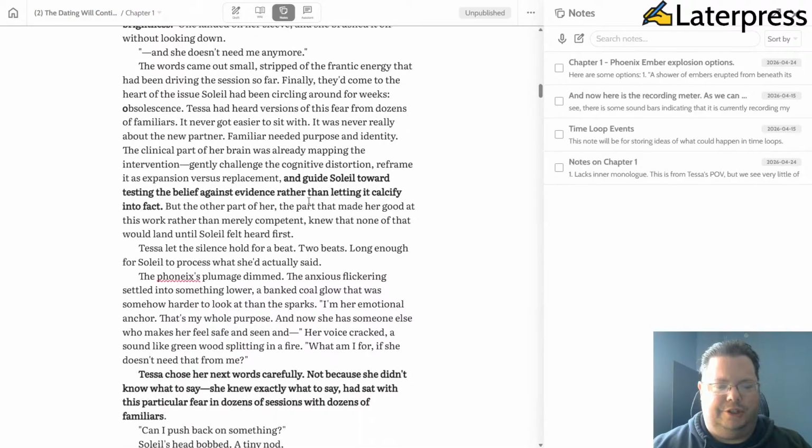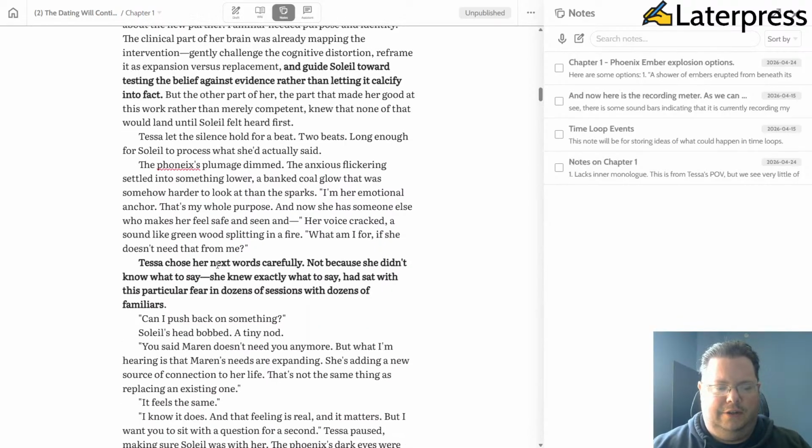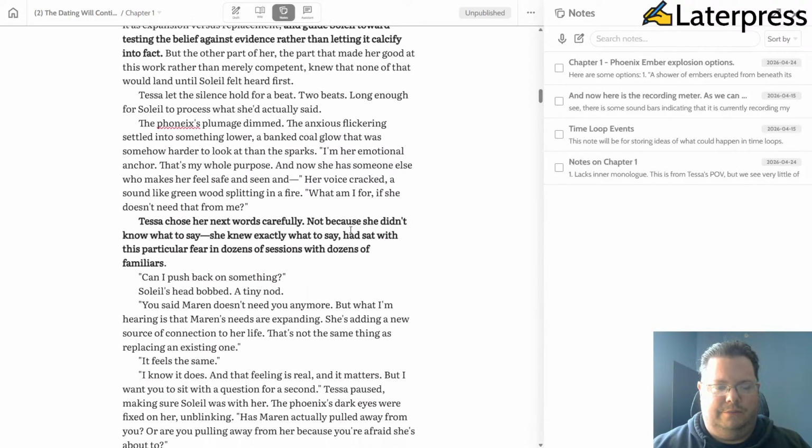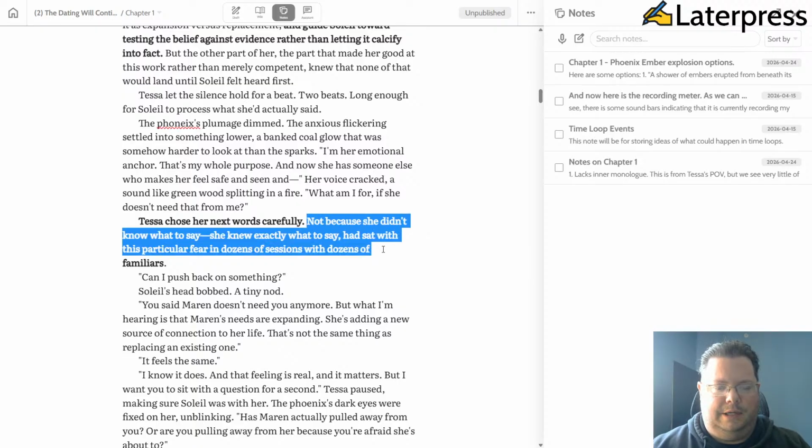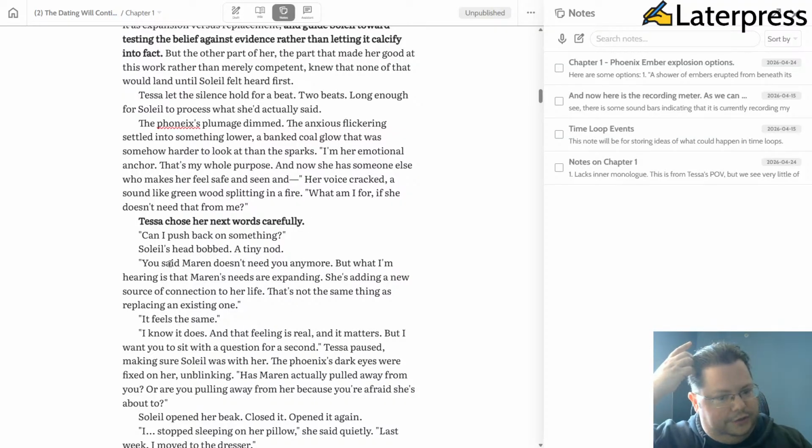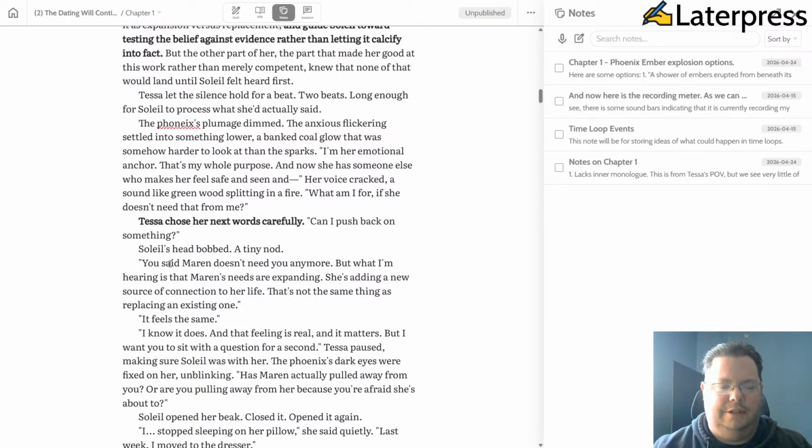We've already established in this chapter that she's had this conversation before with a bunch of other familiars, and that this is a common concern. So I think I'm going to cut all of that down to Tessa chose her next words carefully.